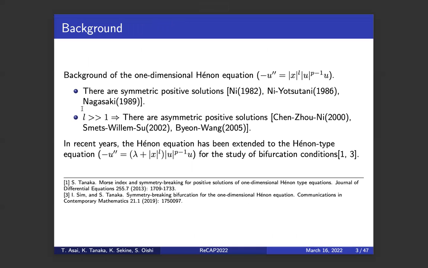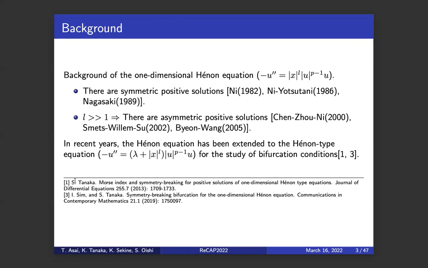And next, it was found that if parameter L is sufficiently large, then there are asymmetric positive solutions in 2000. And in recent years, the Hénon equation has been extended to the Hénon-type equation. This equation has the parameter lambda added like this, for the study of bifurcation conditions.